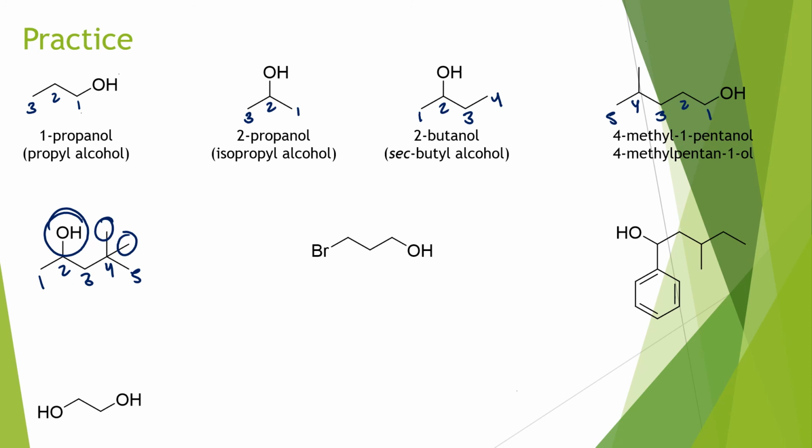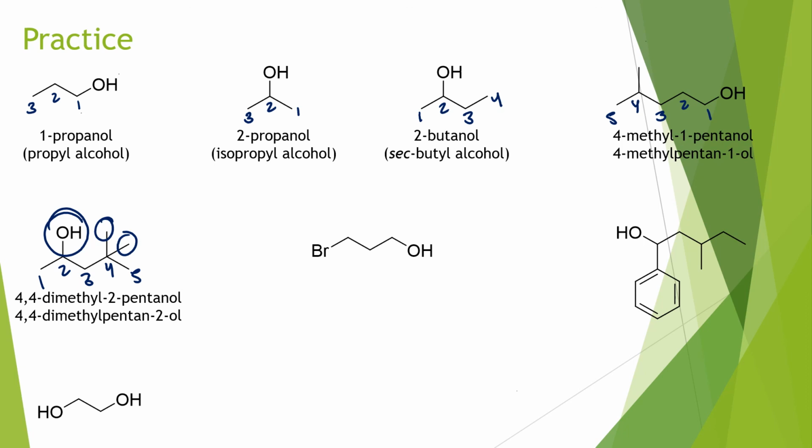So we have to include quite a few pieces here. First, 2-pentanol is our overall parent chain, and we also have to remember that since we have 2 methyl groups, we need to use that di prefix. So the name for this would be 4,4-dimethyl 2-pentanol, or 4,4-dimethyl pentan 2-ol.